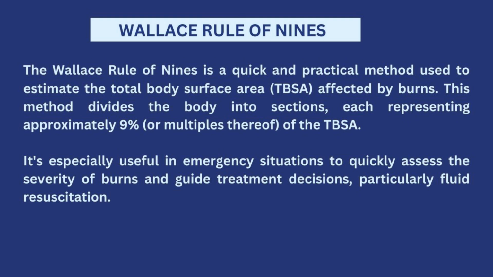It is used in an emergency situation where you want to quickly assess the severity of the burn and also get a guide on how to treat that burn. Now, the Wallace rule of nines is different for neonates and adults, but for the purpose of this particular video, we'll talk about the Wallace rule of nines for adults.